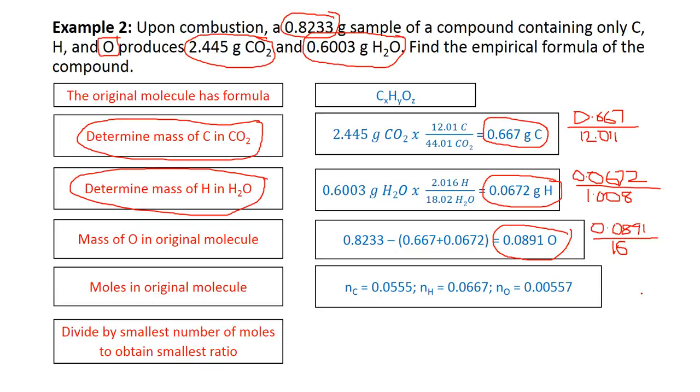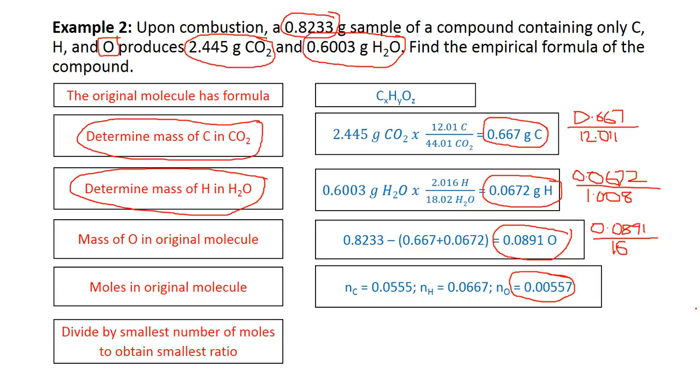The next step is to divide by the smallest number of moles to obtain the smallest ratio. In this case, this is our smallest number of moles, so we are going to divide all of these by this number of moles.